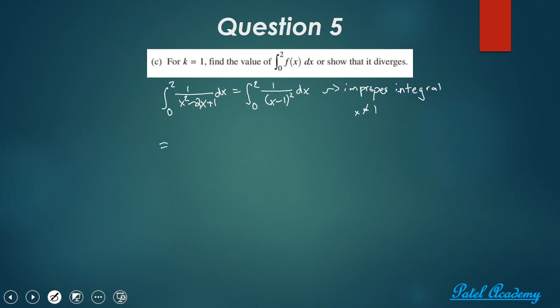And so we're going to have to split this integral as the limit as some value a approaches 1 from the negative side of the integral from 0 to a of 1 over x minus 1 squared, and then plus the limit as some value b approaches 1 from the positive side of the integral from b to 2 of 1 over x minus 1 squared.